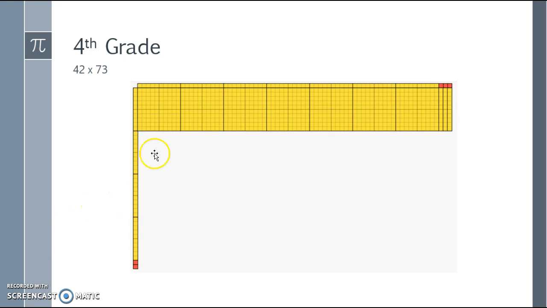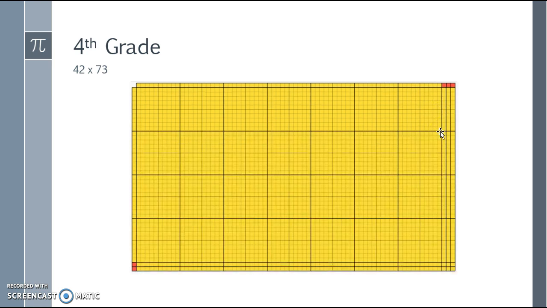So notice that I would need a flat to fill this area here all the way across. And to fill in these individual unit areas, I would need a long or a 10 rod. And then I continue until we're full. Notice then that these crosshairs represent 42 times 73.